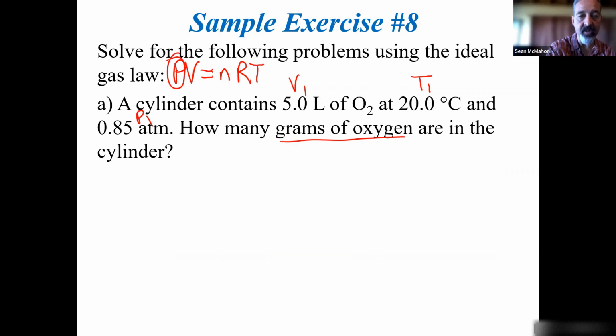They give me pressure, volume, and temperature, and R is a constant. Can I solve for moles? Yes. If I know moles of O2, because remember, oxygen's a diatomic in elemental form, can I convert to grams? Using a periodic table, yes, because we can use molar mass, the number of grams per mole.